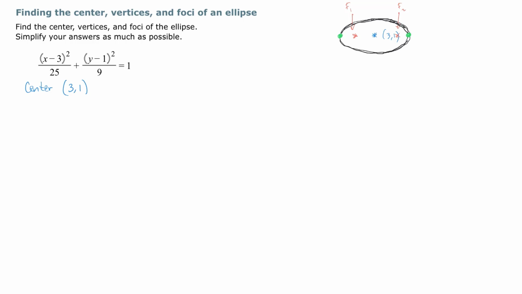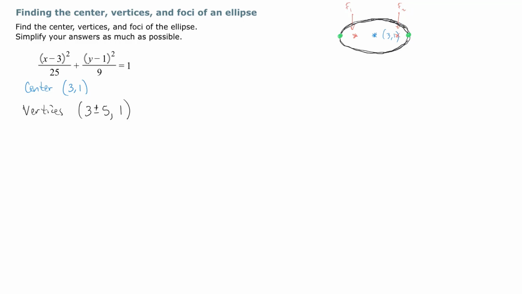We also need to find the vertices. How do we find them? We go 5 units to the right and left from the center. Vertices are 3 plus or minus 5, 1.